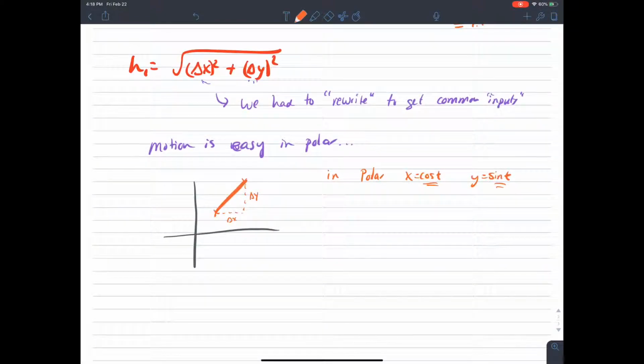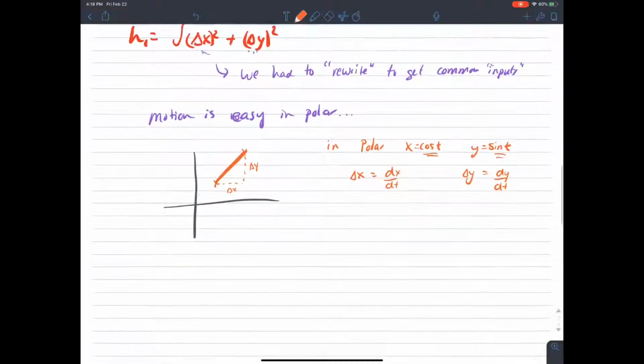If I was going to look for the change in x, I know the change in x in polar is just dx dt. I know the change in y in polar coordinates is just dy dt. So I can make that direct substitution right away. And I can see that in polar coordinates, they're already with respect to the same variable.